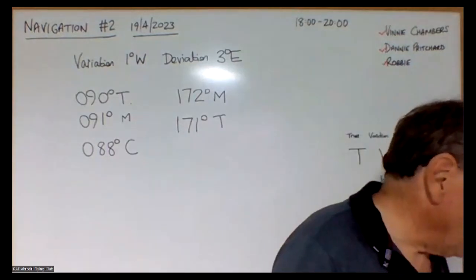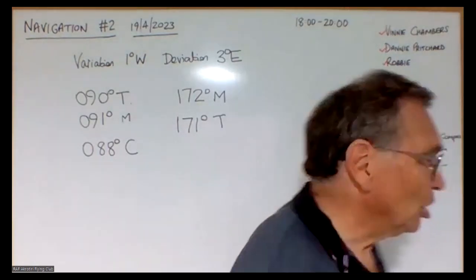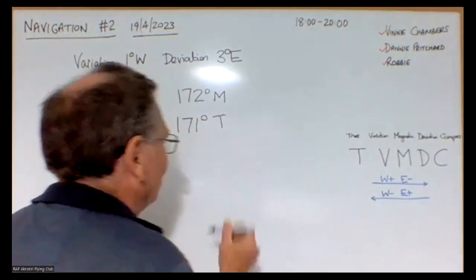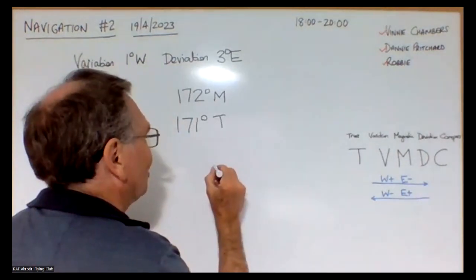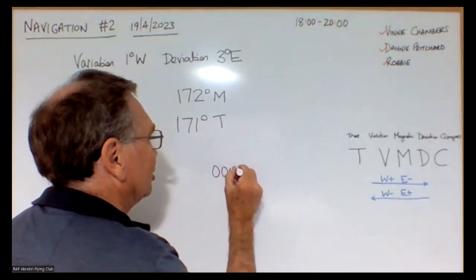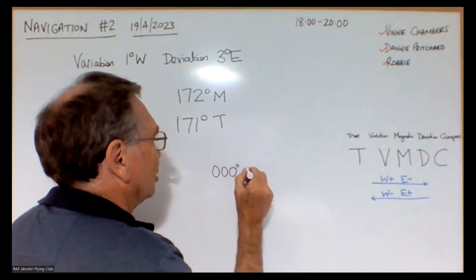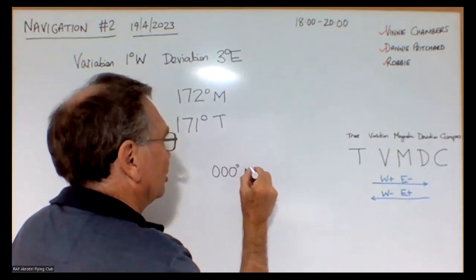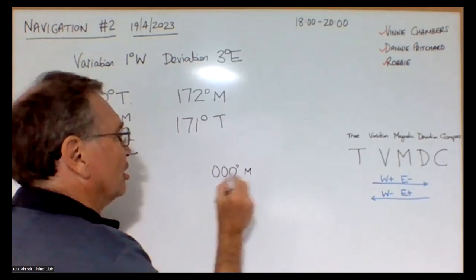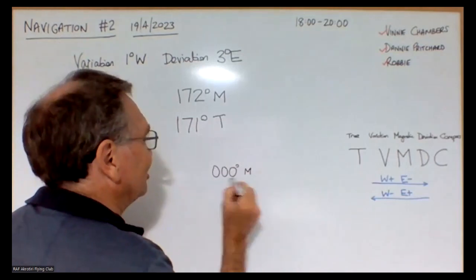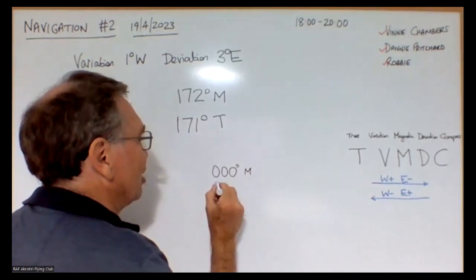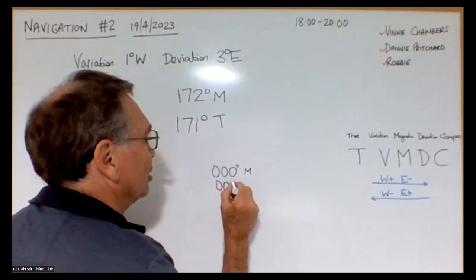So that means you have a series of points on the ground, and you would say, right, I've turned the plane onto, in other words, magnetic, and the plane's compass actually reads 002.